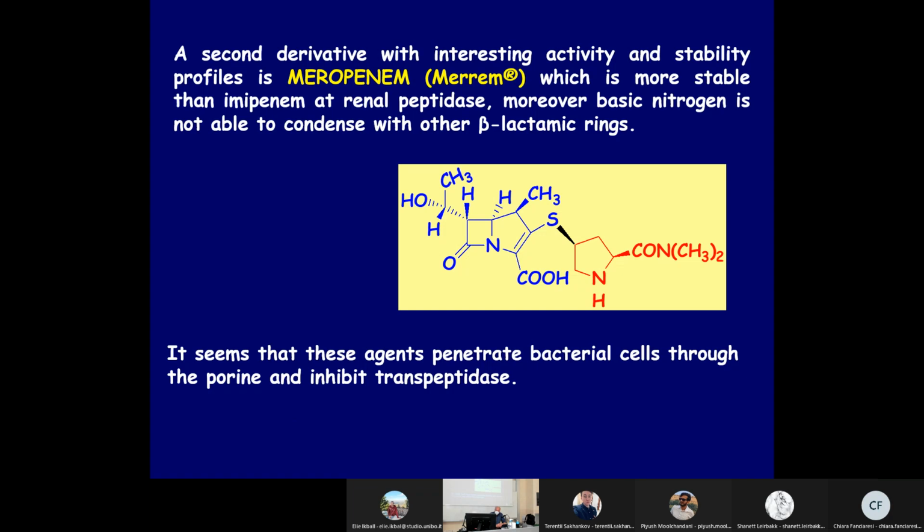At the beginning, you see a new car. After 2 or 3 months, you see other companies with the same shape of the same car. Here is the same. They use the same shape, the same basic unit. They change only the basic group. And meropenem is another example of this class with the same basic unit, the same backbone, with a different basic group.